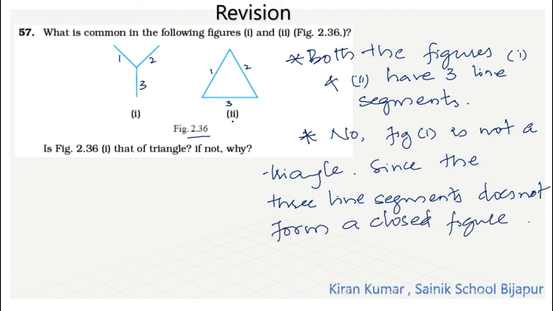A triangle is one in which it has got a closed figure. A figure which is there in figure 1 is a open figure. This figure is an open type, it's an open figure. This one is a closed figure.